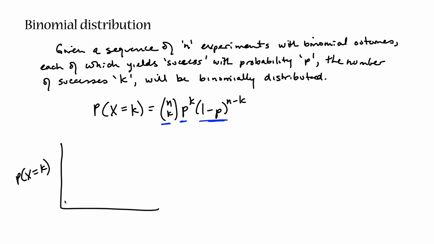What I should have done is it tends to be like this, right? Because k, the number of successes, is going to be an integer number. So each individual integer number of k will have a value. It's a convention to connect these numbers up, but that makes it look like it's a continuous probability distribution function, which it's not. It's discrete.